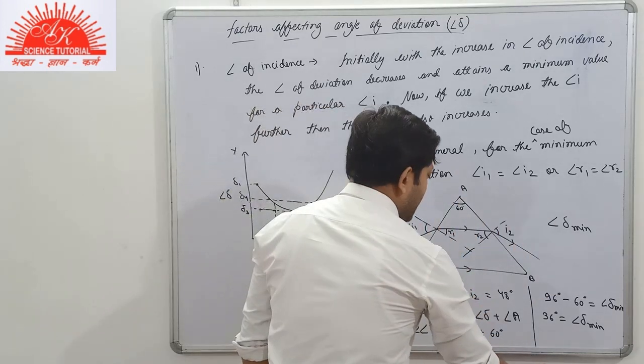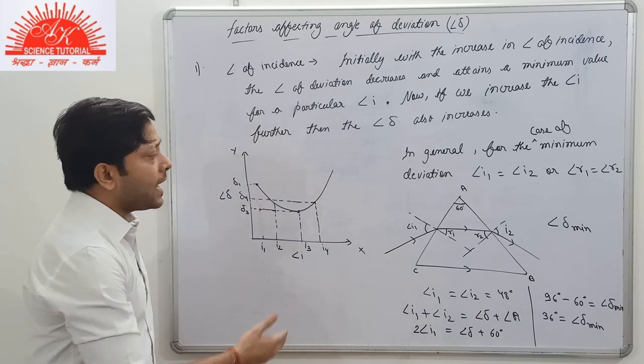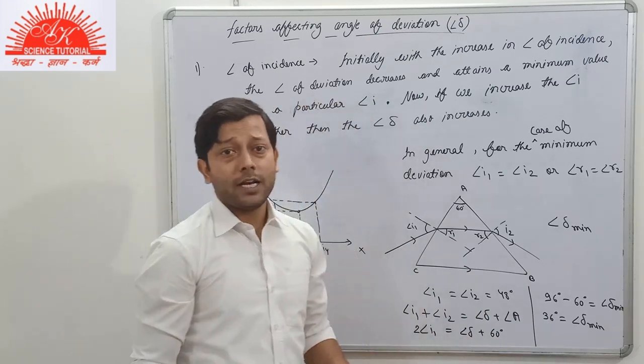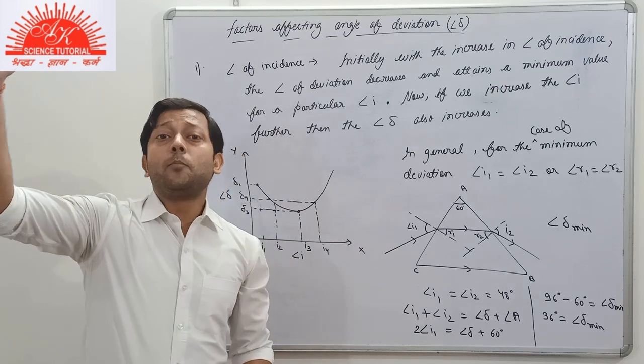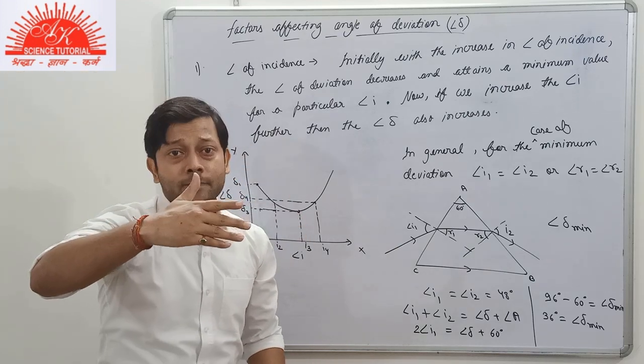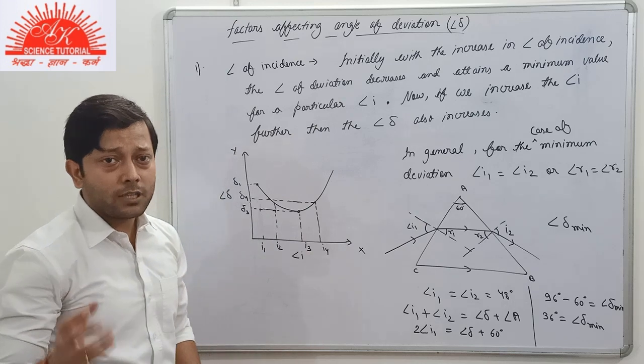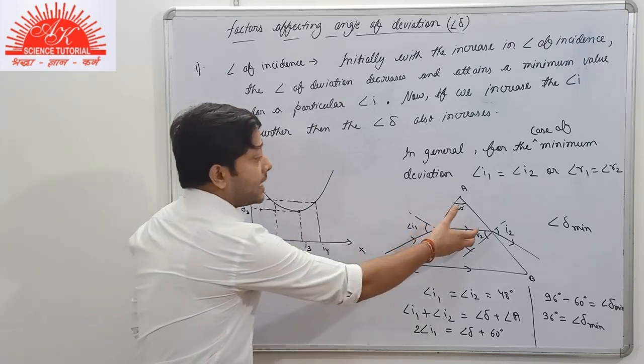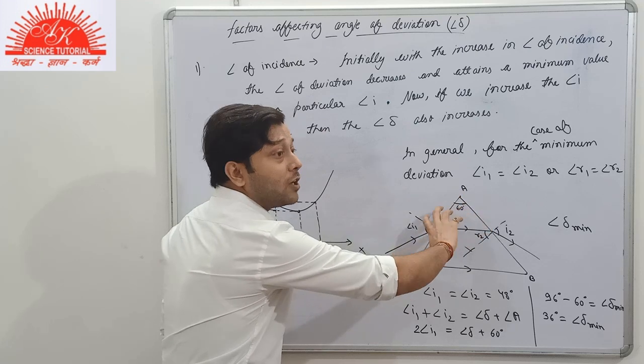Now you might think, sir, how can we change the angle of incidence? Obviously we do not have any control over light. We cannot control the positions of the incident ray. It is independent. We cannot control the incident ray. But obviously we can change the position of the prism.